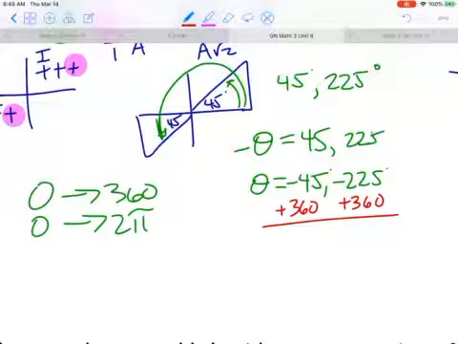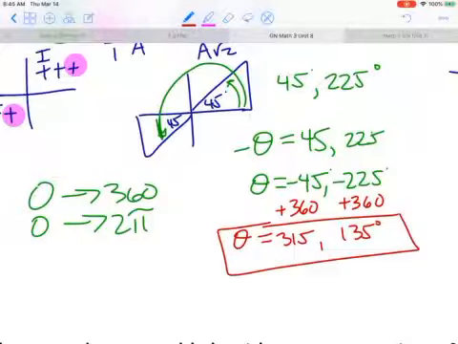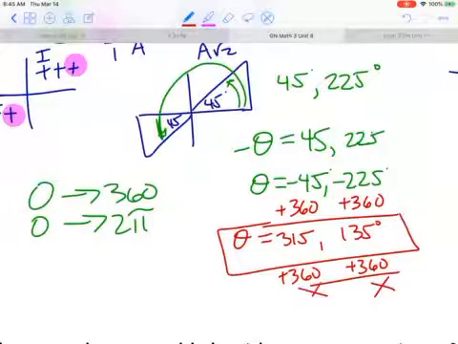We end up getting 315 and 135, and those are both within our circle, so that's good. If I added it again, it doesn't work. It's not less than 360.